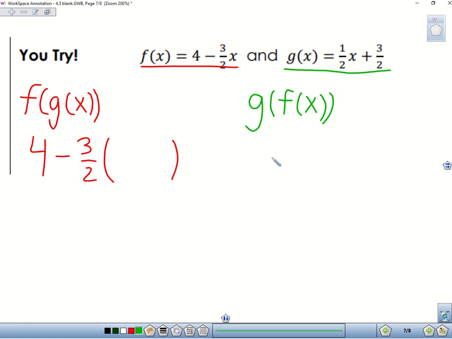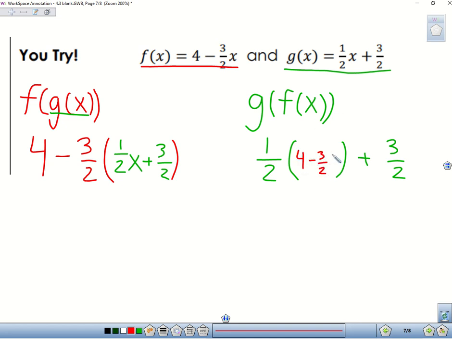And I rewrite the g of x function, but leaving the x blank as well. Once you do that, you're now going to put the functions inside that they say to put inside. G of x goes inside f of x, so that's 1/2 x plus 3/2. And then over here, this is going inside.